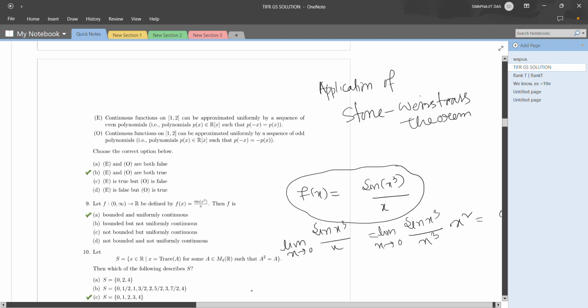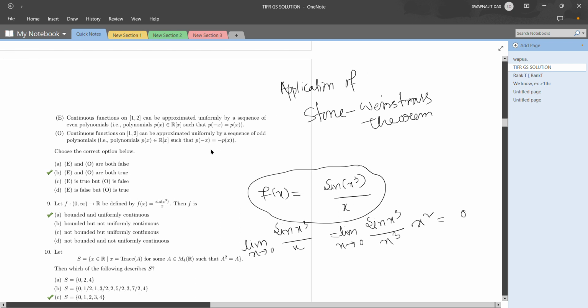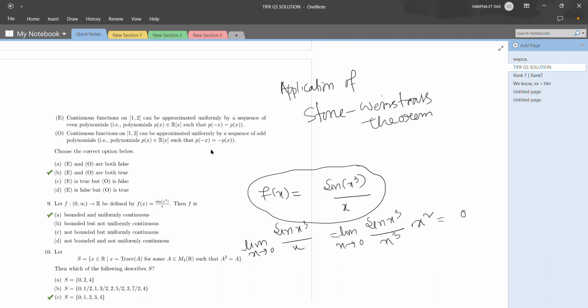It is defined on 0 to infinity, but I can define f of 0 to be 0 itself. So on the closed bounded interval 0 to 1, it is already bounded, because that is a compact set and it is a continuous function on it, so it must be bounded there. And for x greater than 1, it is already bounded.